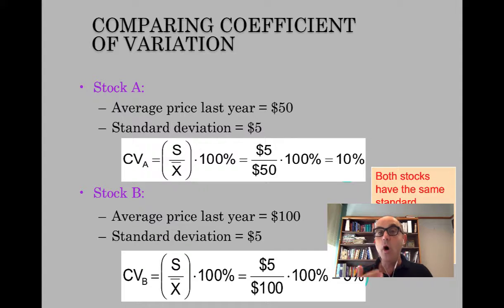If we do the coefficient of variation, we will see the difference between them. So again, both stocks have the same standard deviation, but stock B is less variable relative to its price, because it is only 5% compared to stock A, which is 10%.